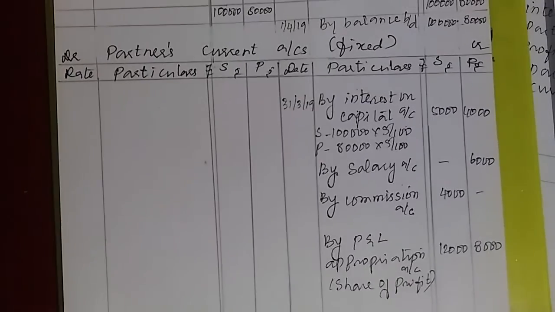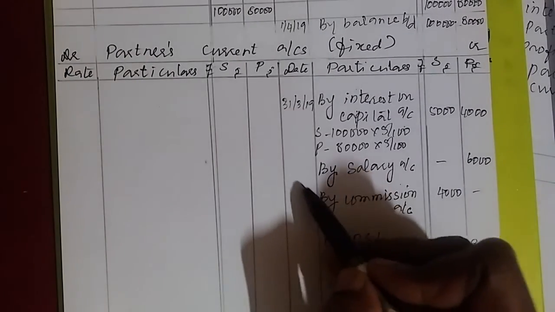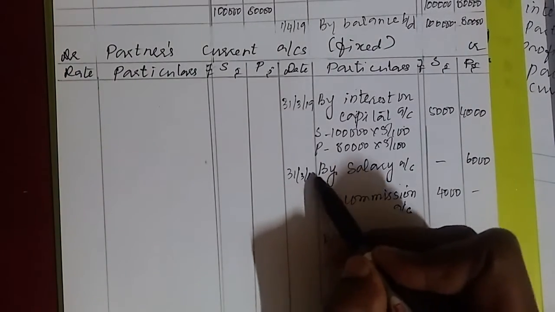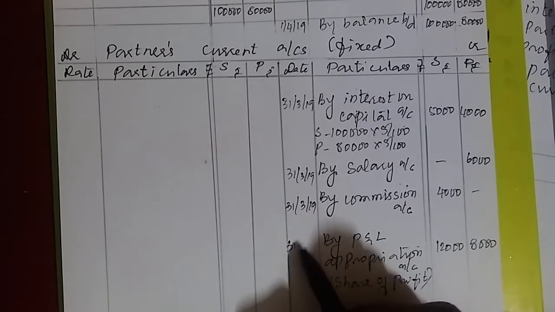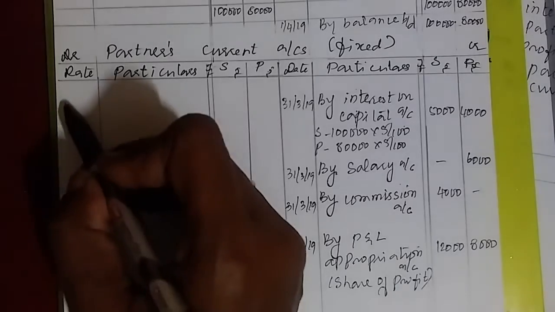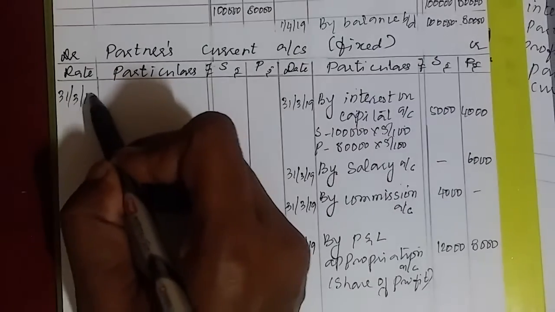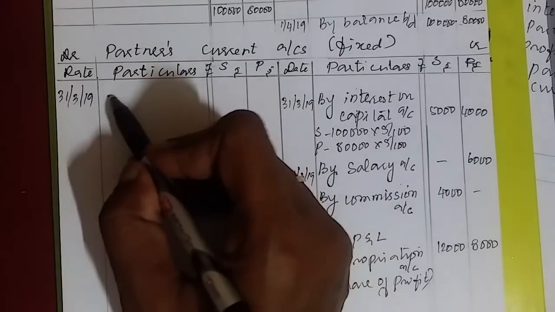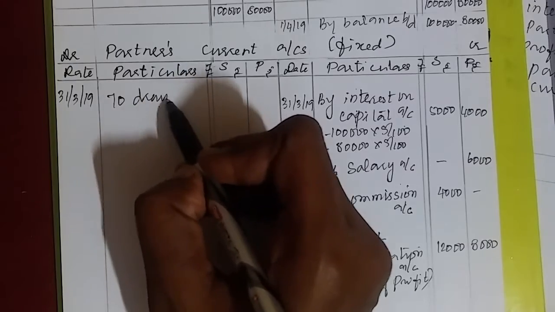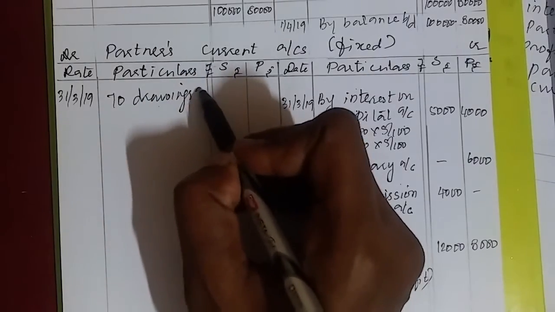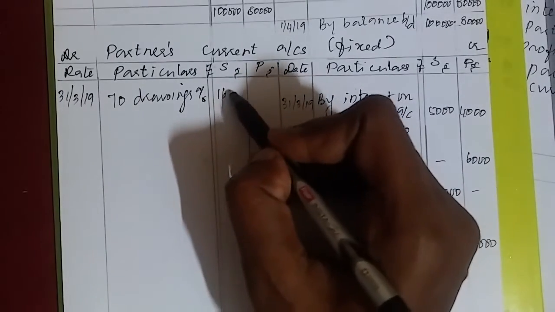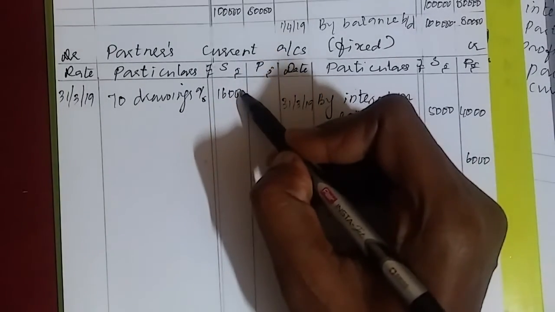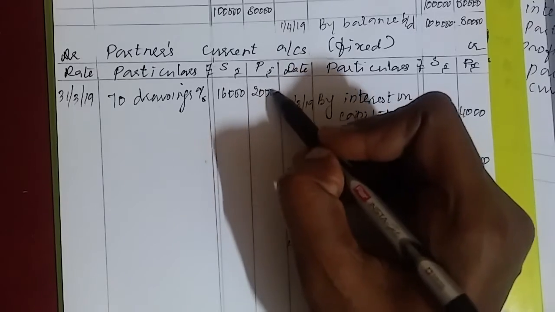Clear? What are the debit values? See here, I show the closing date also. Drawings. How much is the drawings? 16,000 and 20,000.